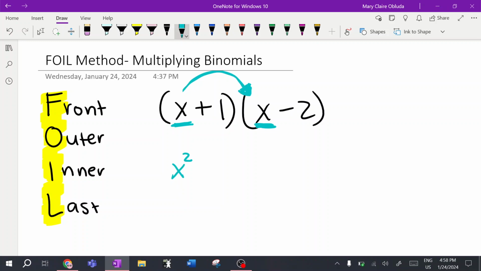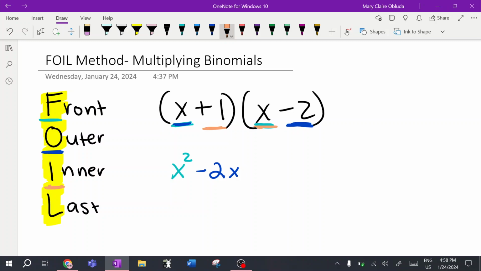That's our front terms, or first terms, and then we've got outer. So let's do these two outer terms, this x and this negative 2, right? X times negative 2 is negative 2x. Let's do those inner terms now. That would be this 1 and this x.